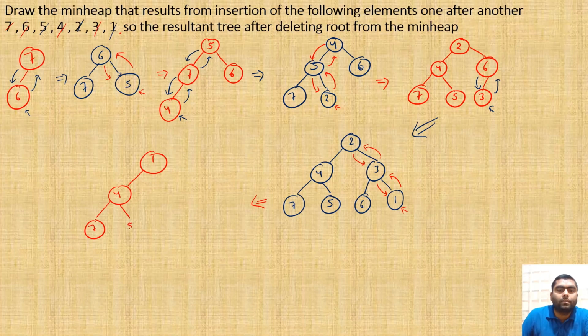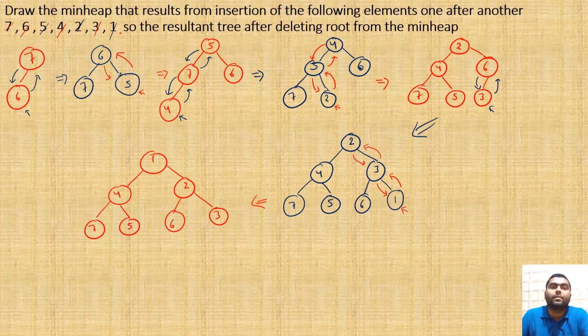And after this 2 will be, and 6 left of that, and 3 will come on the right side. So this will be the resulting tree.